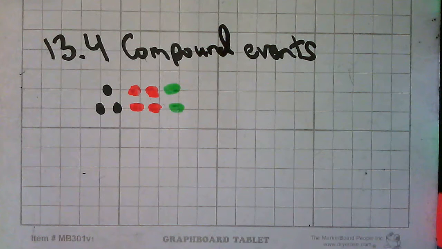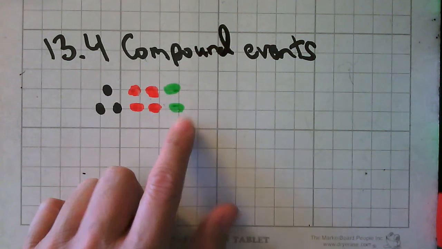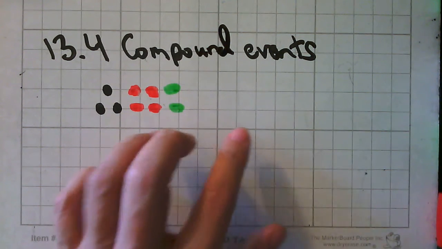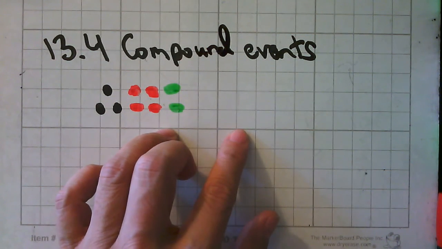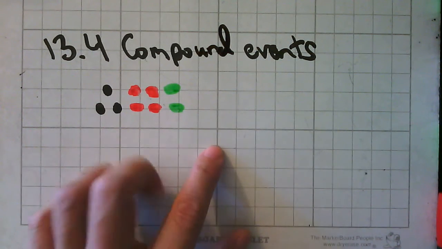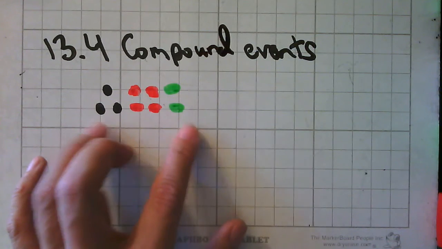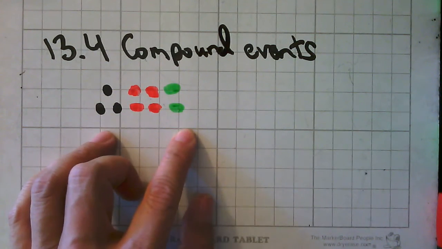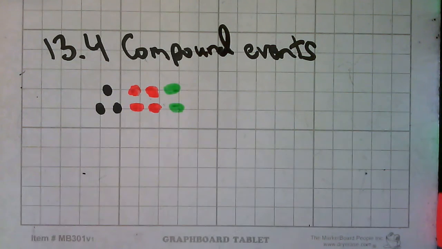So this would be called an independent event. If the first one doesn't affect the second one, this is an independent event. If the first probability affects the second probability, this is a dependent event. So we're going to talk about independent events first in this video.